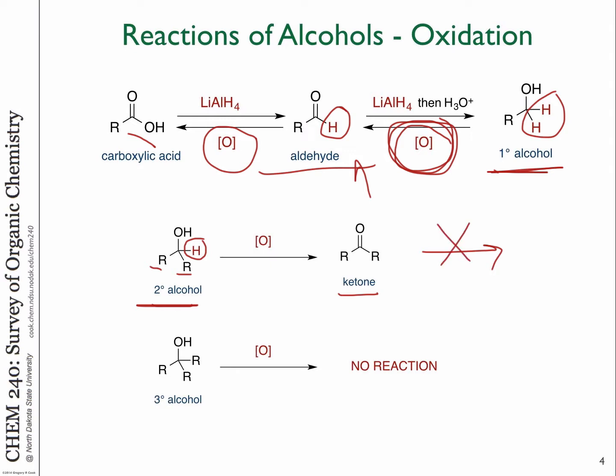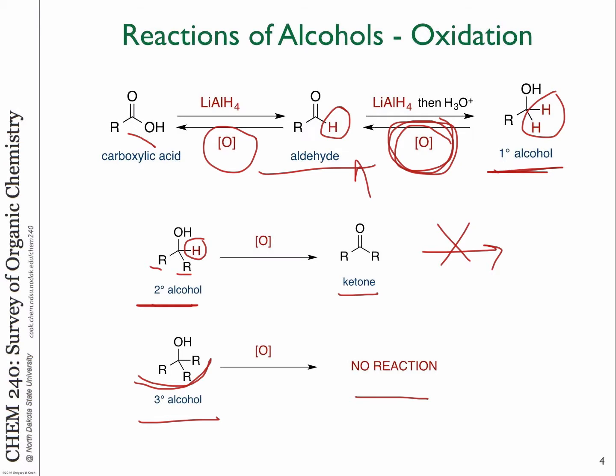There's no hydrogen. Okay, and so obviously, if you have a tertiary alcohol where there are no hydrogens at all, nothing can happen with these oxidation reagents that we're going to talk about here. Okay, so now what we just have to figure out is what are the reagents we need to carry out these transformations.